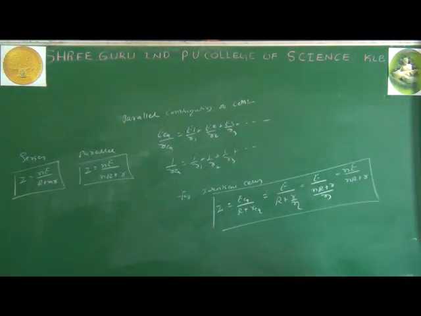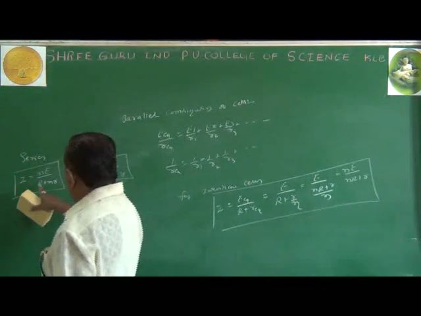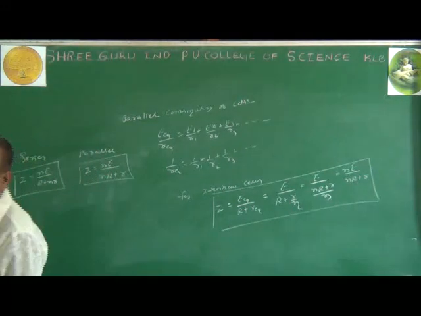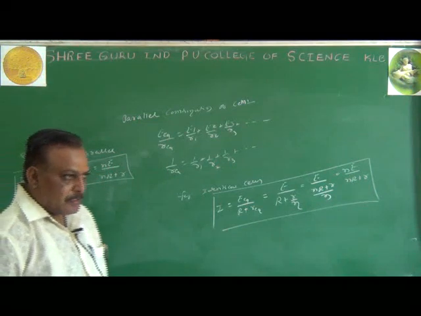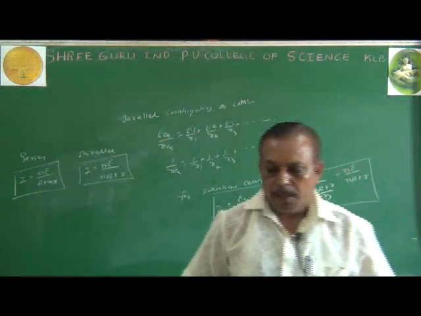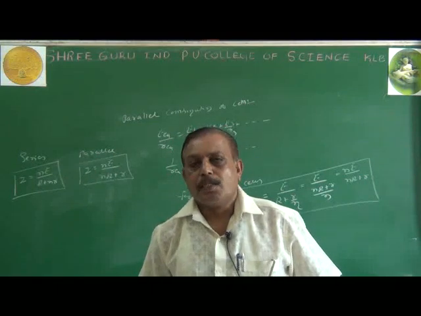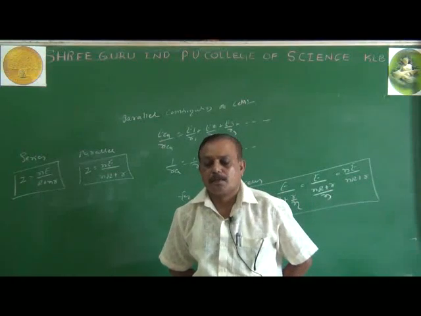Is it clear? This is for series combination: nE divided by R plus nr. And nE divided by nR plus small r, now this is for parallel. So we prefer the series combination of the cells when we need more EMF. We prefer the parallel combination of the cells when we need more current. The mixed grouping of the cells is preferred when we need more power. Is it clear?